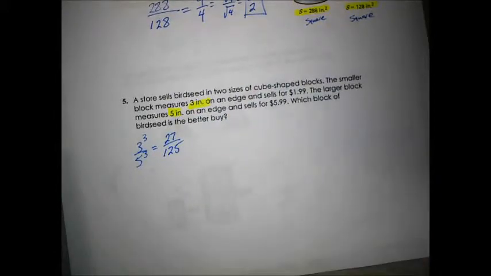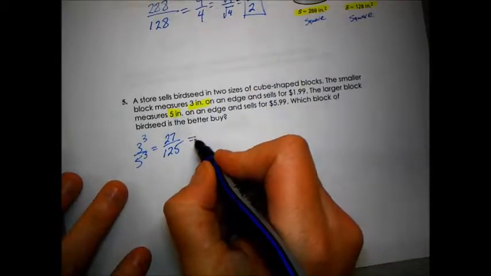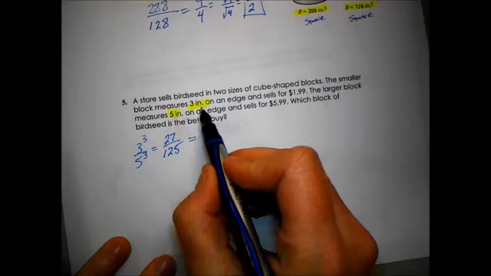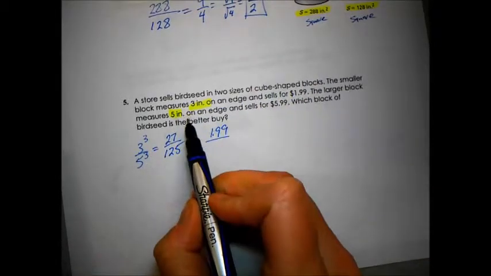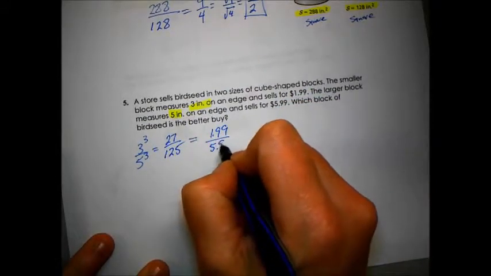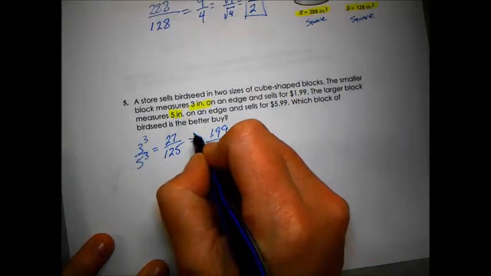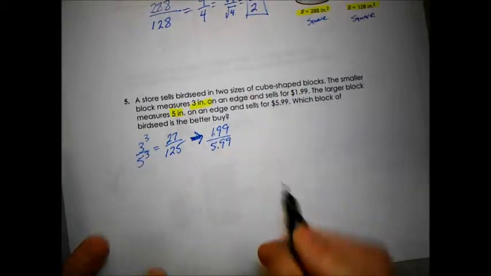If I look at my 2 prices that I'm dealing with, the price of the 3-inch is $1.99, and the price of the 5-inch is $5.99, that we're comparing.